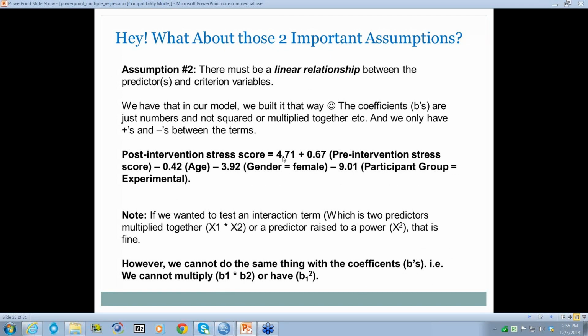It's just a bunch of things added up to get an outcome, okay? Even though you're multiplying these little terms together, the terms are being added and subtracted. Basic algebra. Okay, now if we wanted to test an interaction term, we could, as long as it's a predictor, but not the B's. Okay, so that's good to know. You can't have this, you can't have that.